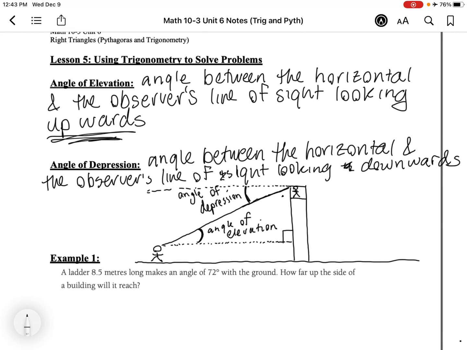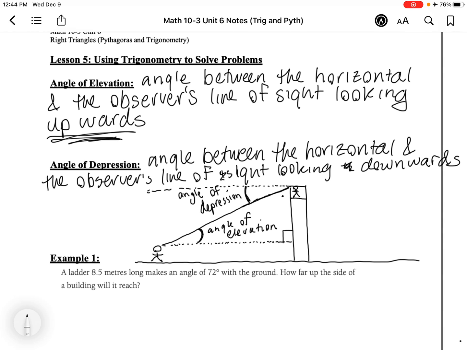So when one person from the top is looking at one person at the bottom and vice versa, the angle of depression for one person is going to be the same as the angle of elevation for the other person, okay? They will be equal to one another.